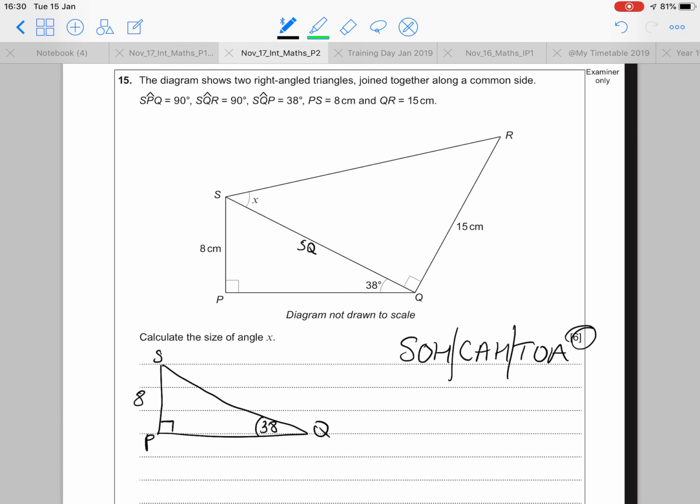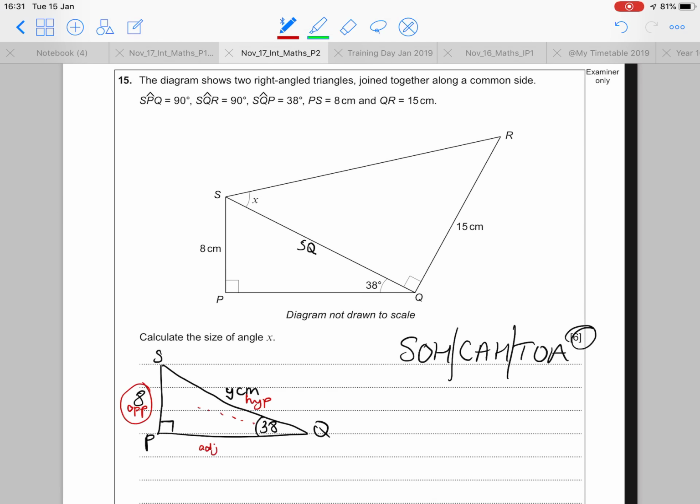If I'm trying to find SQ, this side here, I'm going to call it y actually. Then I need to label my triangle with opposite, adjacent and hypotenuse. So this would be the opposite, this would be the adjacent, and this one would be the hypotenuse.